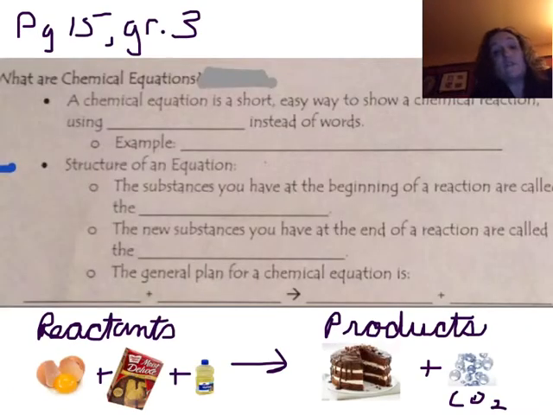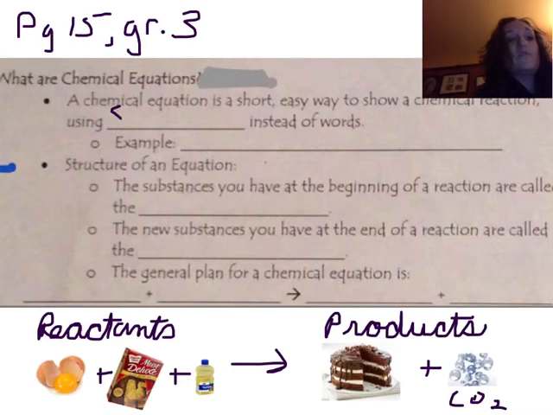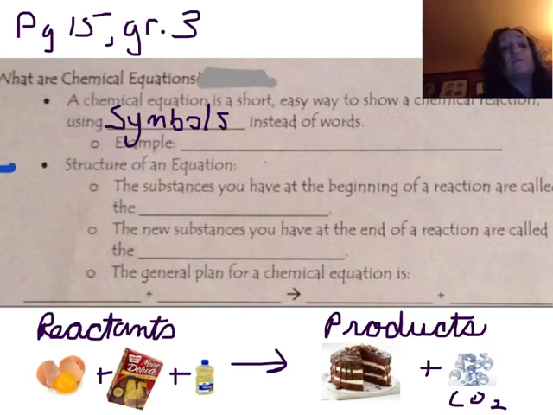Okay, last section of notes on page 15, the third group. What are chemical equations? A chemical equation is a short, easy way to show a chemical reaction using symbols instead of words.